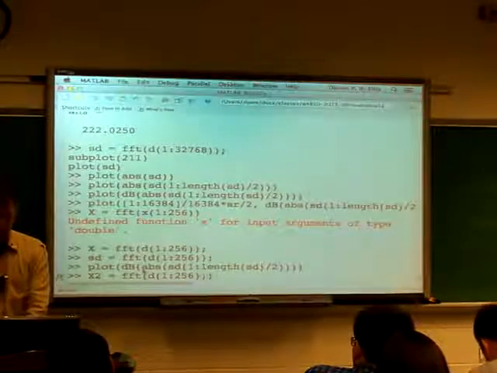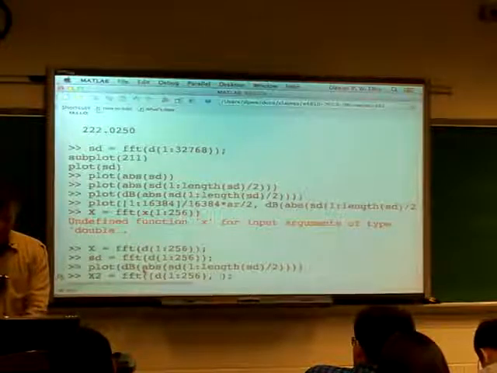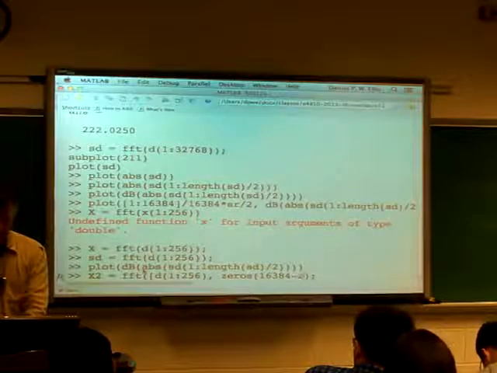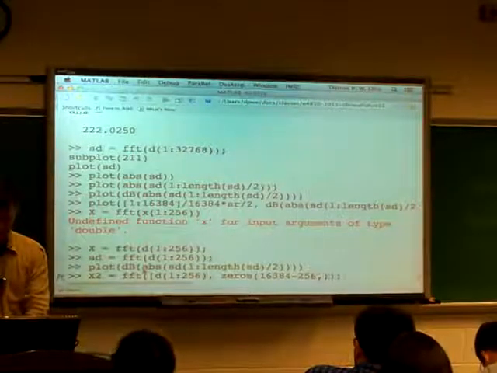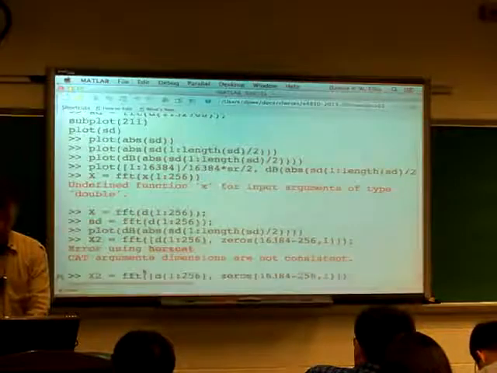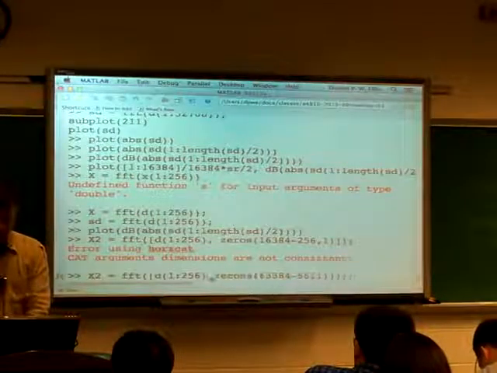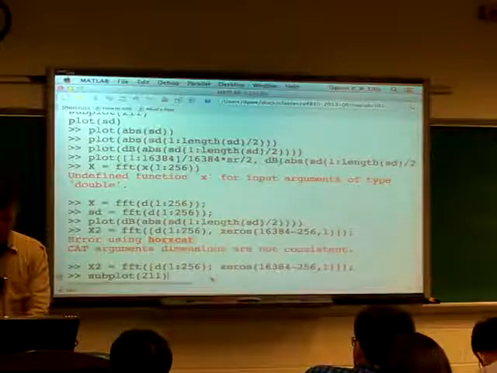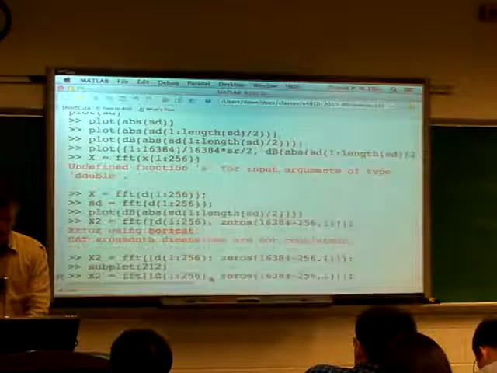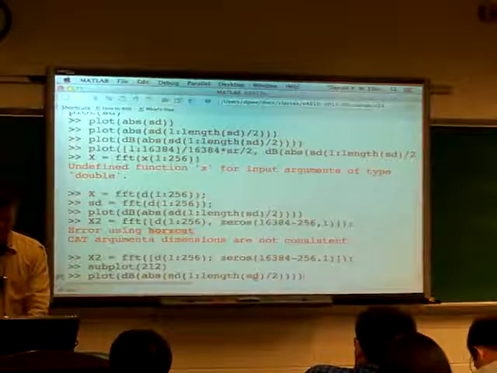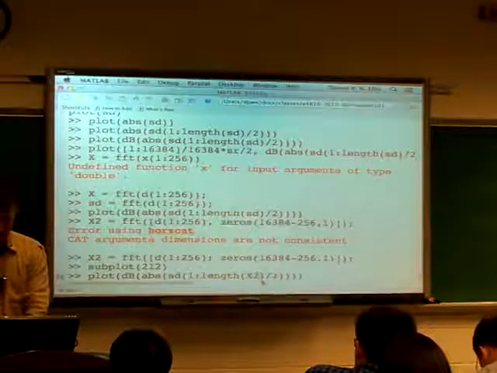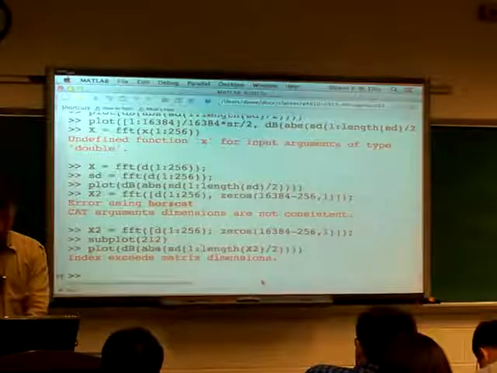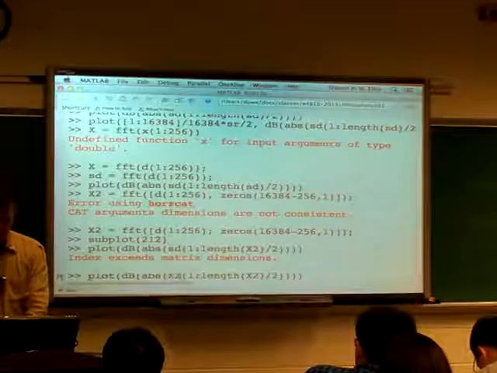So I could just do D padded with zeros, 16384 minus 256, horizontal-vertical cat, and then for comparison I can plot that. Did I do this right? dB abs, not SD, but X2.